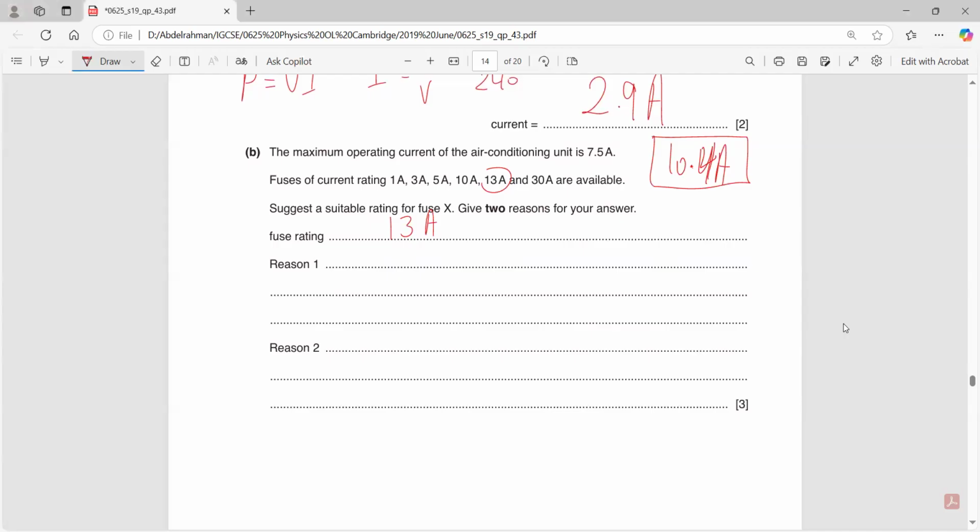You have to write it down: 2.9 plus 7.5 is 10.4. Any other fuse of 1 ampere, 3 amperes, 5 amperes, and 10 amperes would instantly melt.